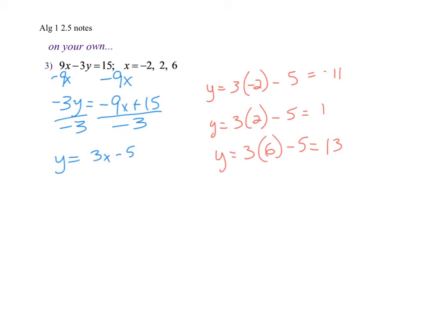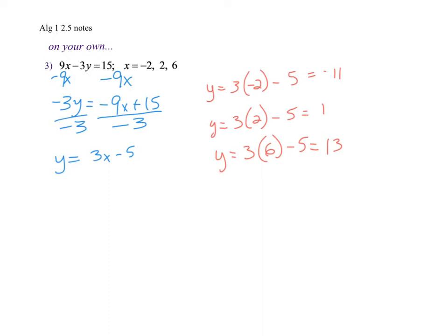Here we go. We want to isolate the y, so what we want to do is move the variable of x to the other side of the equation. We're going to subtract 9x from each side, and then we are left with negative 3y equals negative 9x plus 15. So we're going to divide both sides by negative 3, and we're left with y is equal to 3x minus 5.